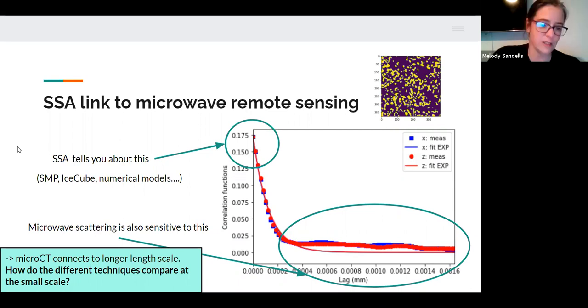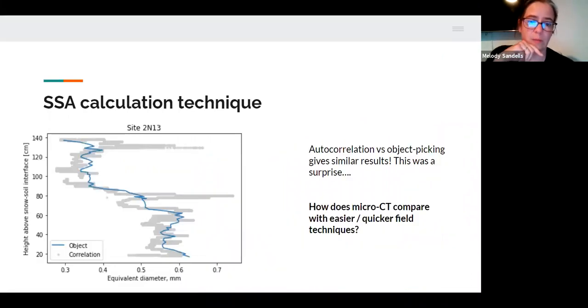So really the question is, how do the different techniques that we're investigating as part of this project compare at the small scale? One final slide on the micro CT, because this was already processed as part of the SnowEx project. That was done by Mike Farnsworth.